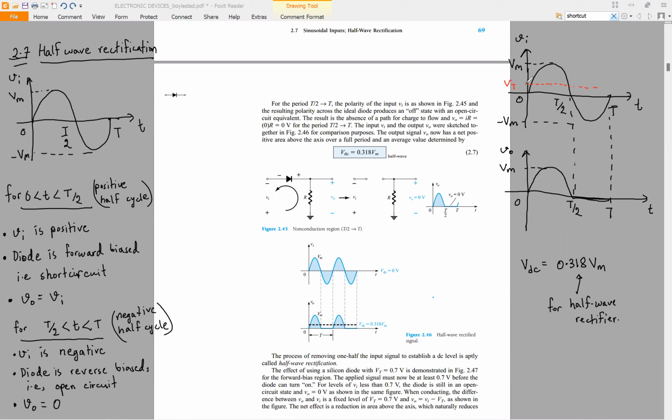The diode is also off when the input voltage is less than Vt, because the diode will not turn on until the threshold voltage is crossed. So the diode will only turn on when the input voltage is greater than Vt. So we will only have this part of the input in our output.